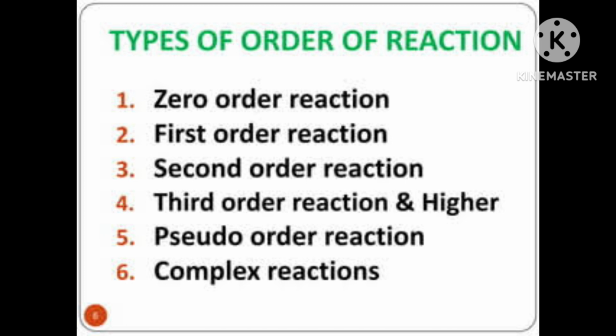Now you can very easily write the differential rate. How will you write the differential form of this rate expression? You can write minus d[R]/dt, where R means reactant, in brackets the molar concentration of the reactant. Then minus d[R]/dt is equal to k [NO]^2 [O2]^1.